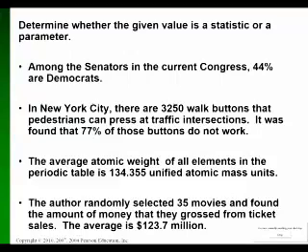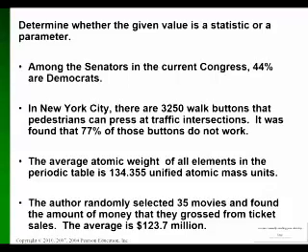The author randomly selected 35 movies and found that the amount of money they grossed from ticket sales averaged 123.7 million. Were all the movies surveyed? Nope, just a sample of them, which makes the 123.7 a what? Statistic. All right, you got it.